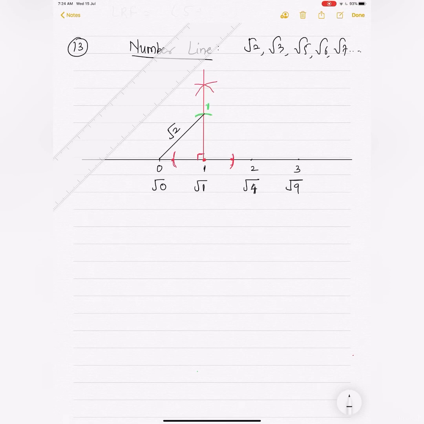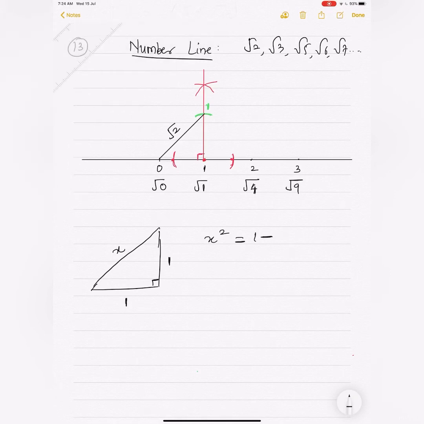That's because, see, look at the rough sketch now. You have to do the rough sketch also in your exams. This was 1 unit here, 90 degrees, again 1 unit here also, and let this be x. Now use Pythagoras theorem. What will x squared be equal to? 1 squared plus 1 squared.